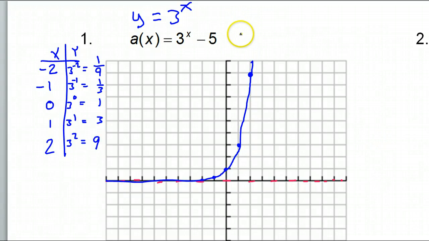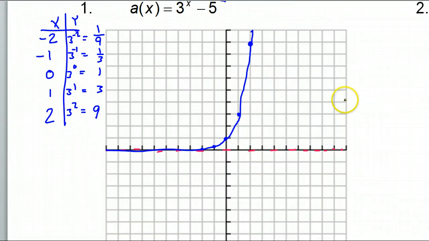Now, as we learned in our exploration in class today, if you subtract something on the end like this, this will cause a transformation. This will cause a shift down 5. Okay, this -5 is just going to cause everything to shift down by 5.